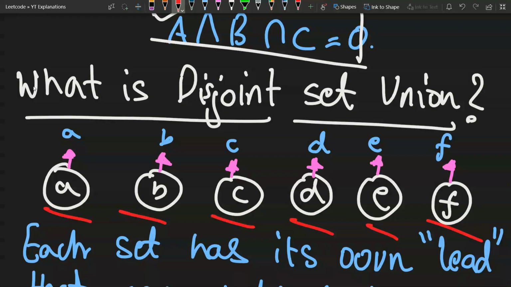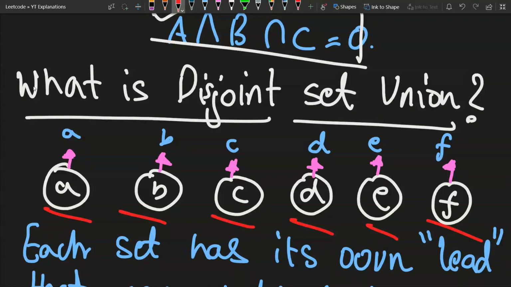The leader of a set is someone who has the capability of representing the whole set. In other words, a leader of a set is an element that can be used to reach any other element of that set. So it's like the root parent of that particular set.